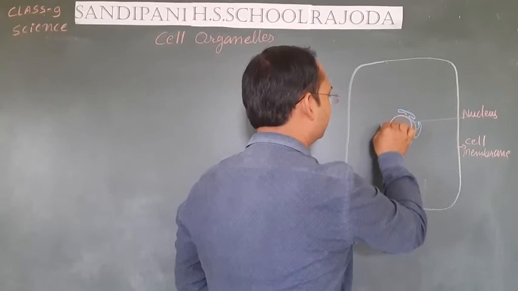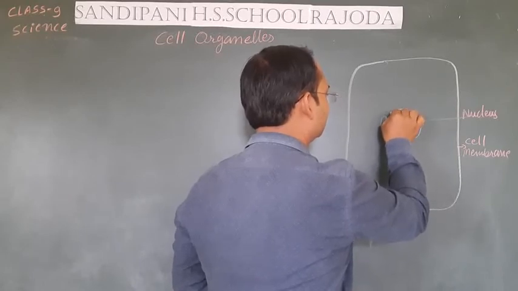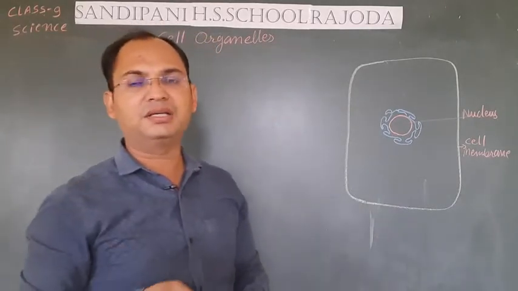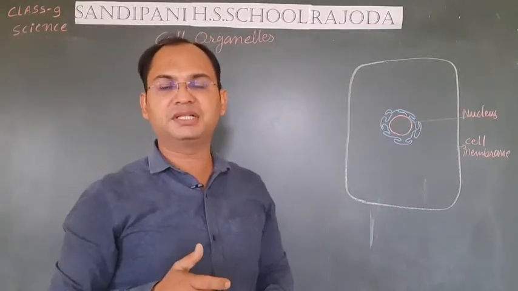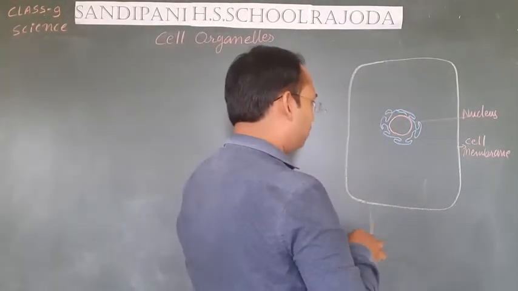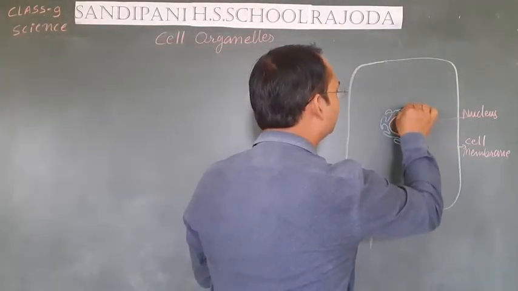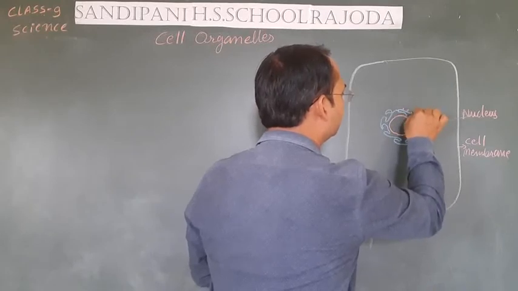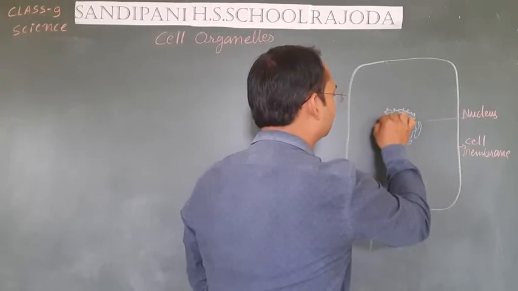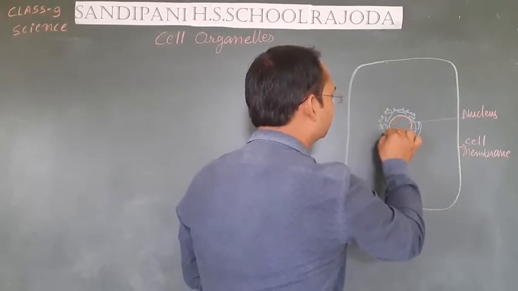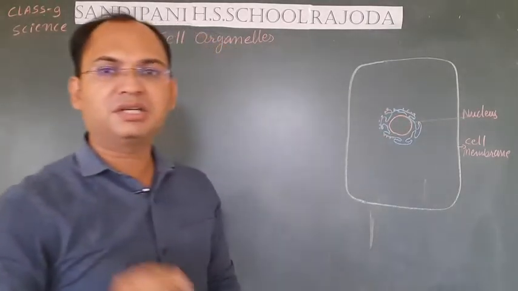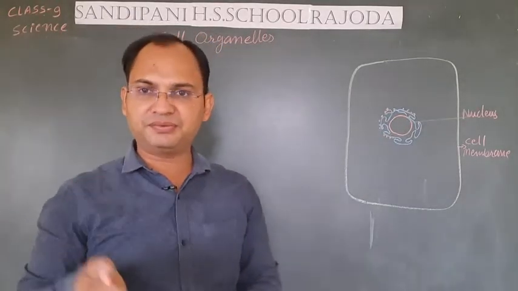And students, we have also seen that this organelle, endoplasmic reticulum, is of two types, rough endoplasmic reticulum and smooth endoplasmic reticulum. On the surface of the rough endoplasmic reticulum, some granule-like structures are present, which are ribosomes, and they make the surface of the endoplasmic reticulum rough.